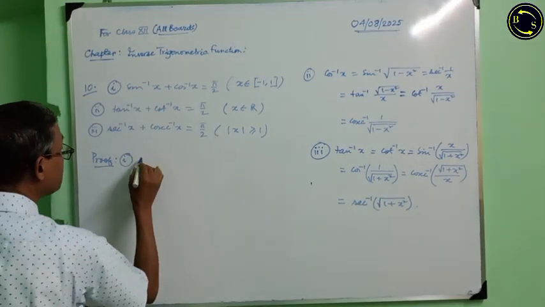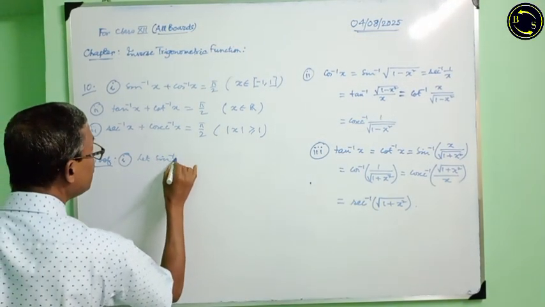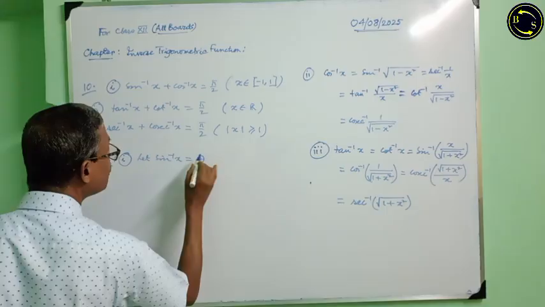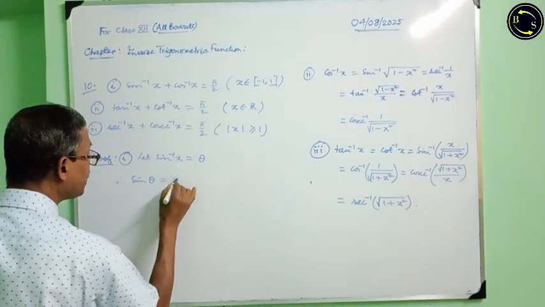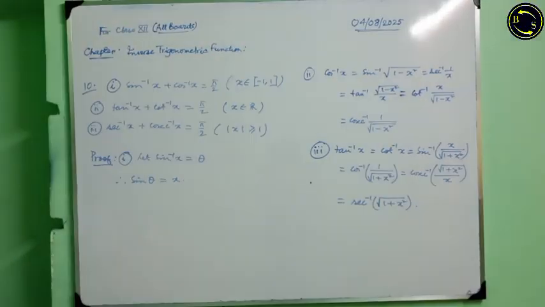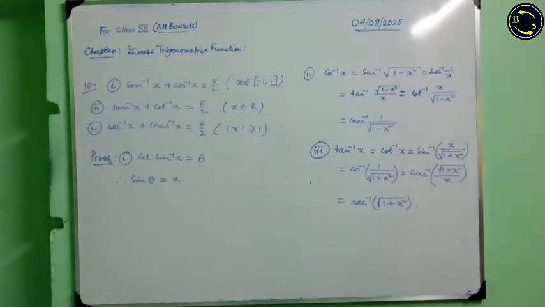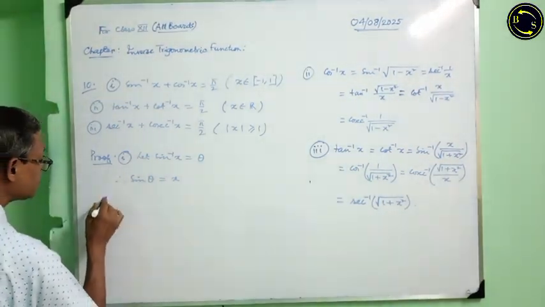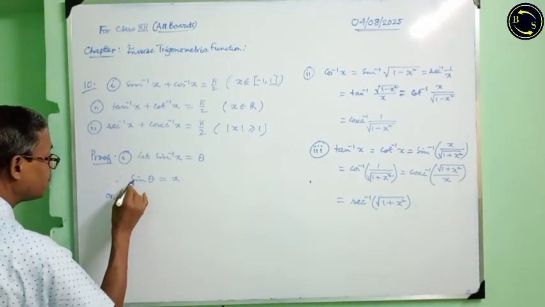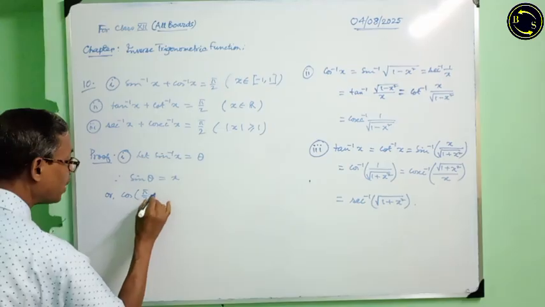Let us start by taking sin inverse x equal to theta. Therefore, sin theta equal to x. Now, sin theta can be written in terms of cosine, cos of pi by 2 minus theta.